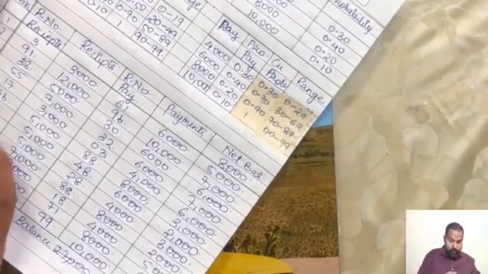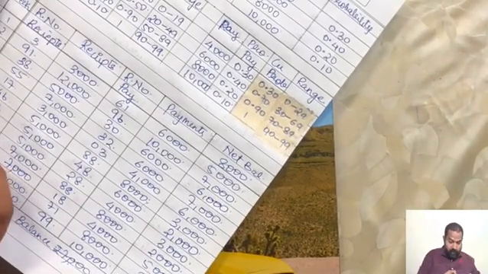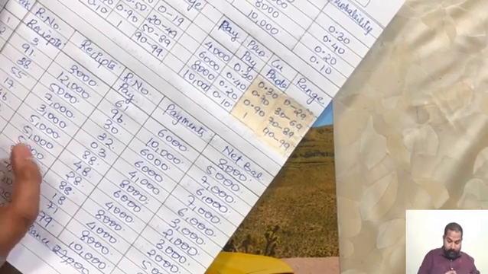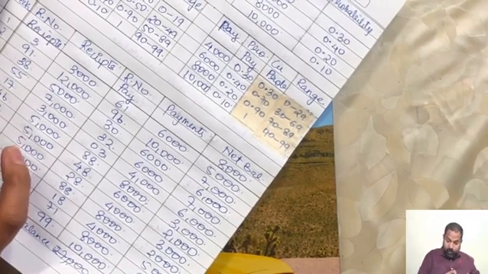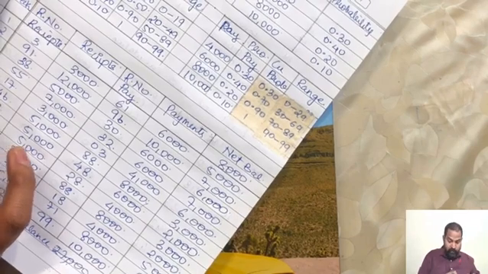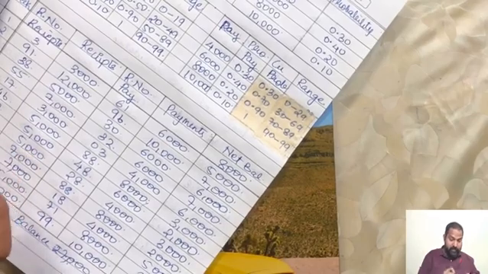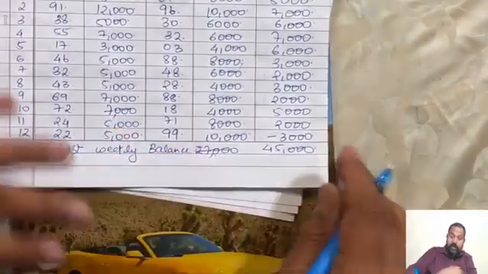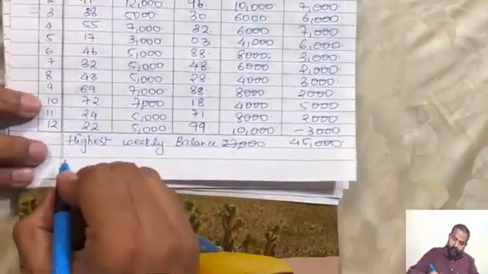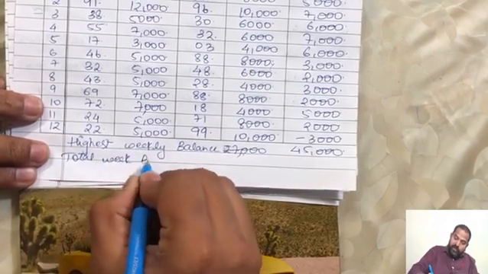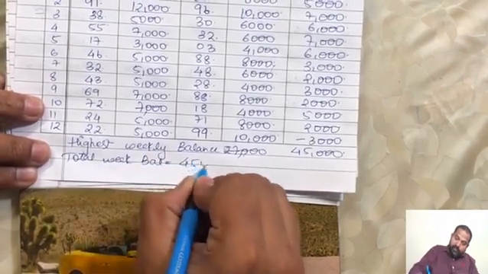Take a total of 5 plus 7 plus 6 plus 7 plus 6 plus 3 plus 2 plus 3 plus 2 plus 5 plus 2 minus 3 is 45. So basically total is 45,000 right here. This is for 12 periods. Total weekly balance is 45,000.